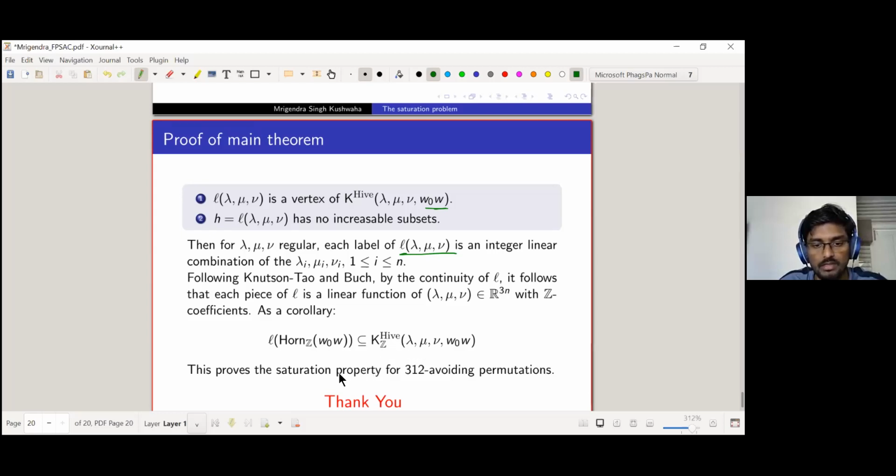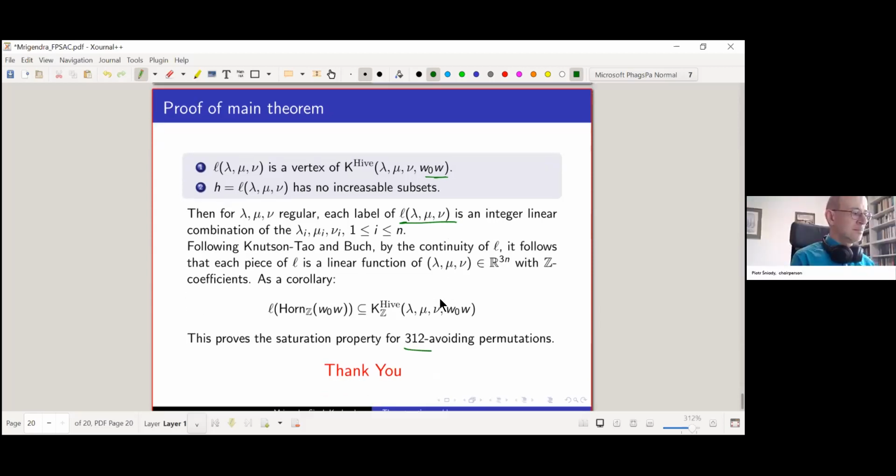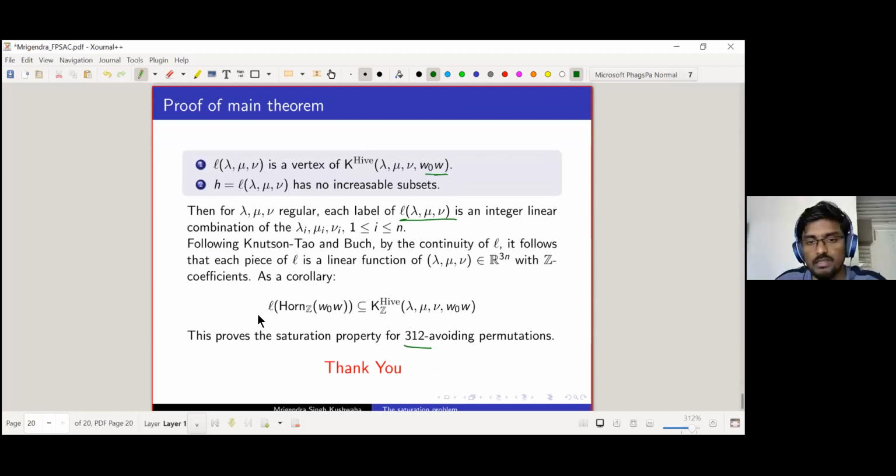So this is the proof for the 3-1-2 avoiding permutation. For the 2-3-1 avoiding permutation, we can prove it using the symmetry property of LR coefficients. The other things are easy.